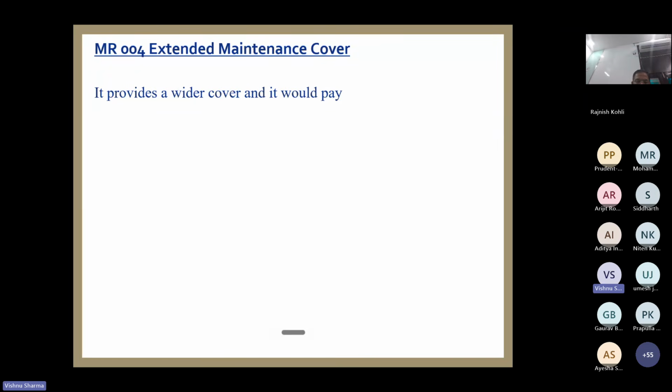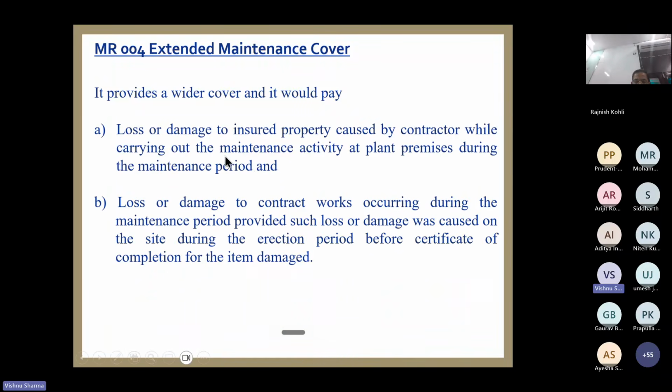extended maintenance. Extended maintenance is a wider cover. Now it covers your limited maintenance. This A is limited maintenance. वो तो cover है इसमें. That means if you take extended maintenance, then there is no need to take limited maintenance cover because it is automatically built in.